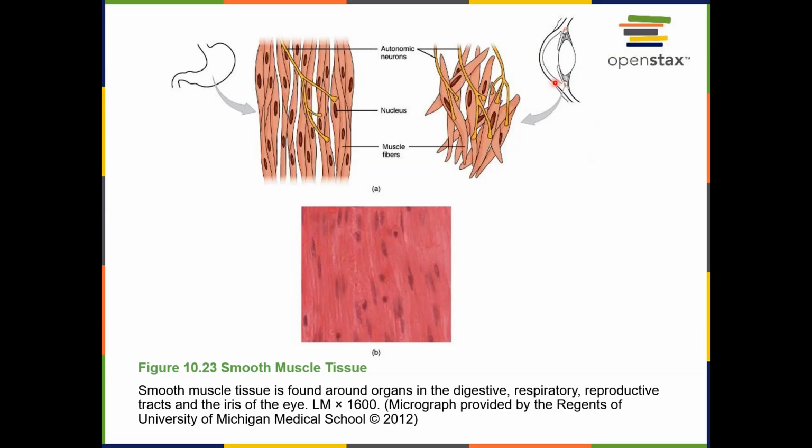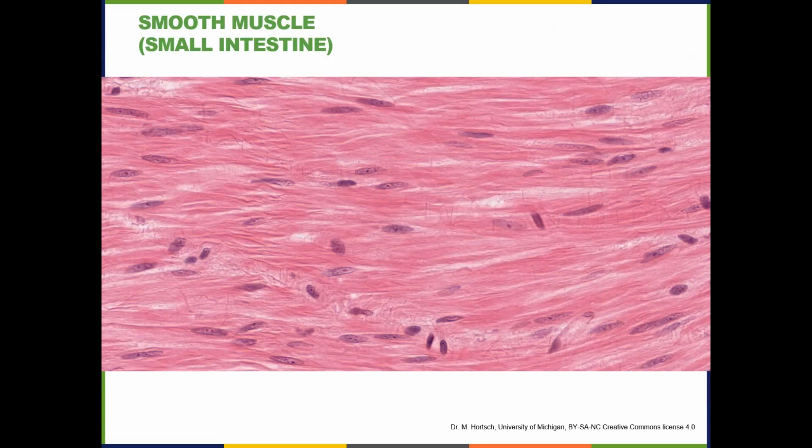The iris within the eye is also smooth muscle that regulates the diameter of the pupil to control the amount of light entering the eye. Unlike cardiac muscle and skeletal muscle, smooth muscle does not contain striations, and that's why we call it smooth muscle. Here we see a photomicrograph of the smooth muscle found in the wall of the small intestine.